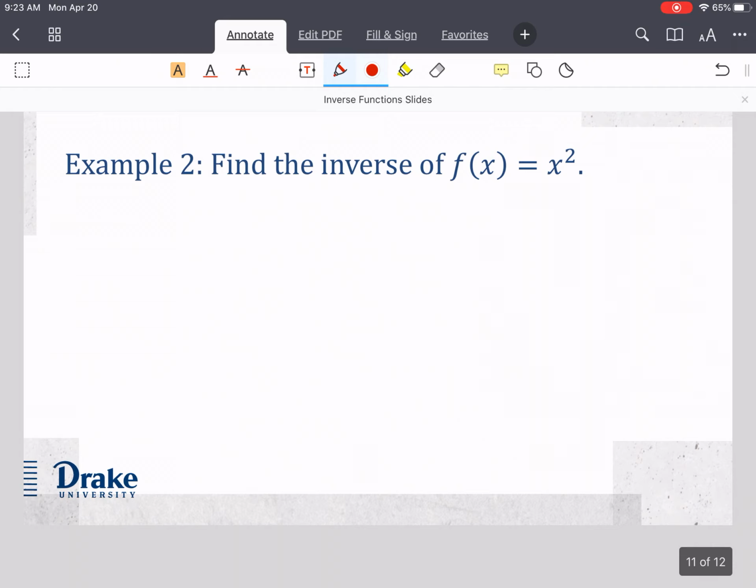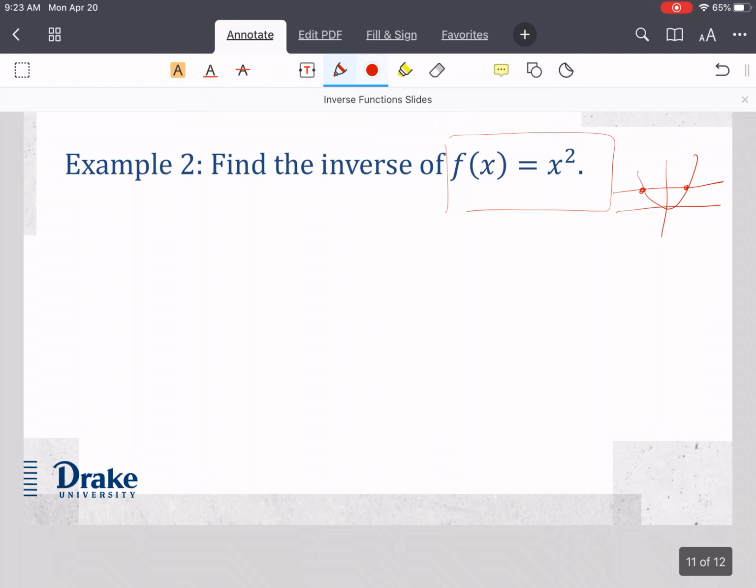Another example, find the inverse of f of x equals x squared. So you realize x squared, as I illustrated before, fails the horizontal line test because any horizontal line above the x-axis will intersect the curve at more than one point.